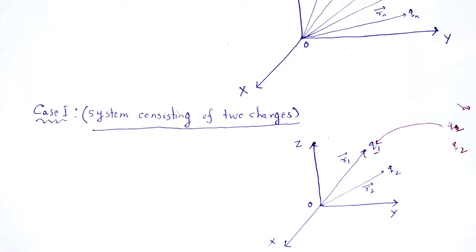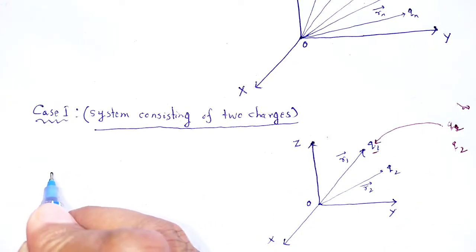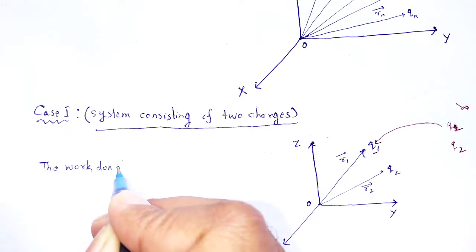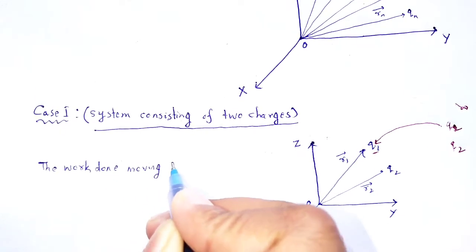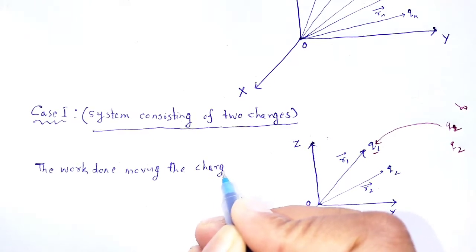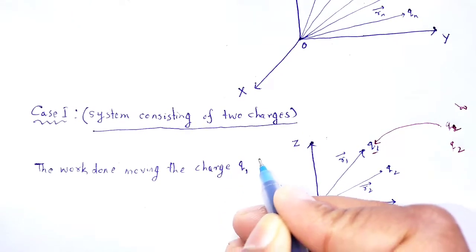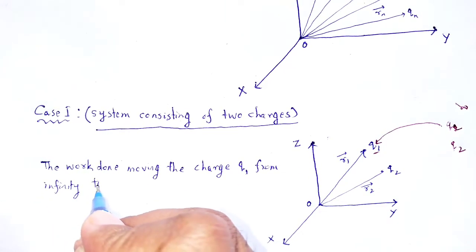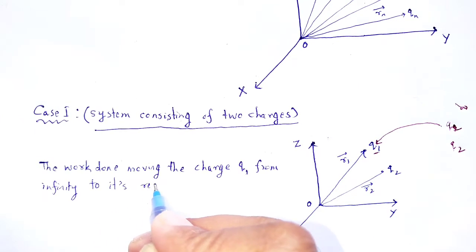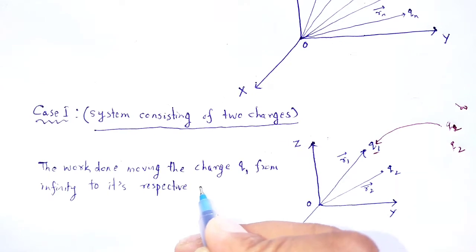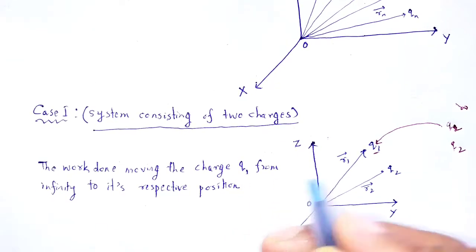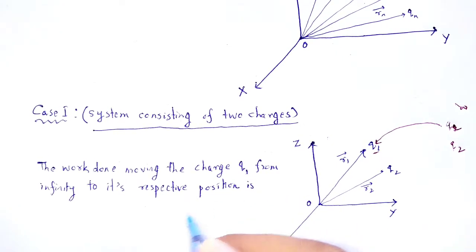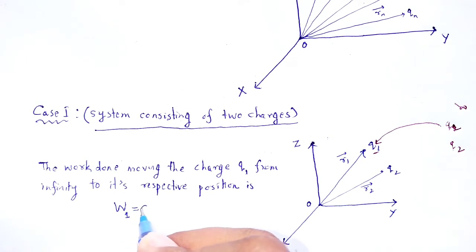So here we write that W1, the work done in moving the charge q1 from infinity to its respective position, the vector r1, is 0.